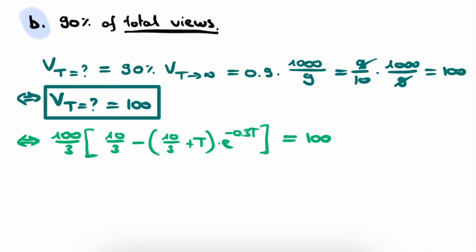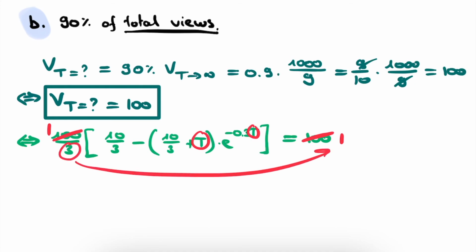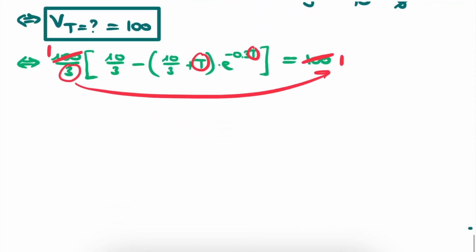And what we need to find now is this t. So what we can immediately do is cancel this 100 on both sides of the equality sign. So this simply becomes 1. And we multiply this 3 away and put it on the other side. So we need to find a t such that 3 is equal to 10 divided by 3 minus t plus 10 divided by 3 times this e to the power of minus 0.3 t.